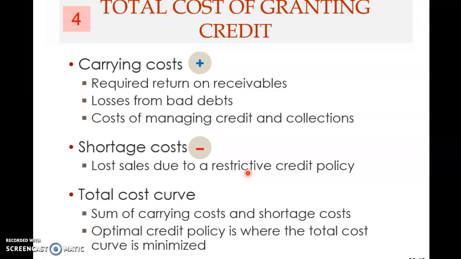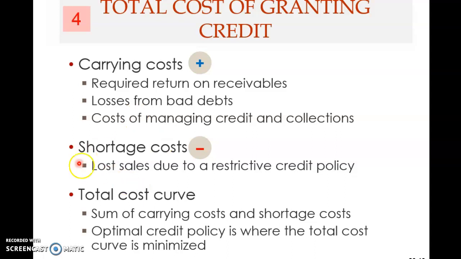If you have a very restrictive credit policy, that means you don't give a lot of credit, then your receivables will be very low. So your carrying cost will be low, but your shortage cost will be high, because you lose some sales. Because you don't provide credit, or you're not very generous in providing credit, there will be some loss of sales.